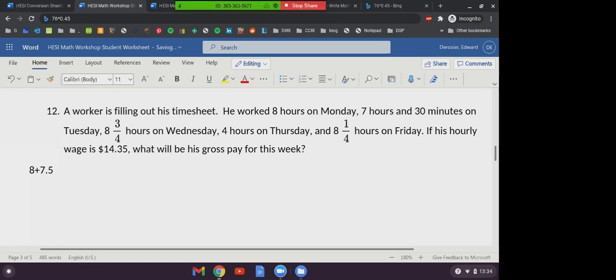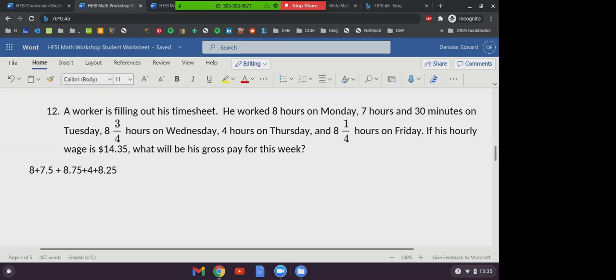All right, then Wednesday is going to be 8.75. To make a fraction into a decimal, you just divide it, put that right in the calculator. 3 divided by 4, 0.75. Thursday is going to be 4, and then Friday is going to be 8.25. Okay, so 8.25, 1/4, 1 divided by 4 is 0.25.